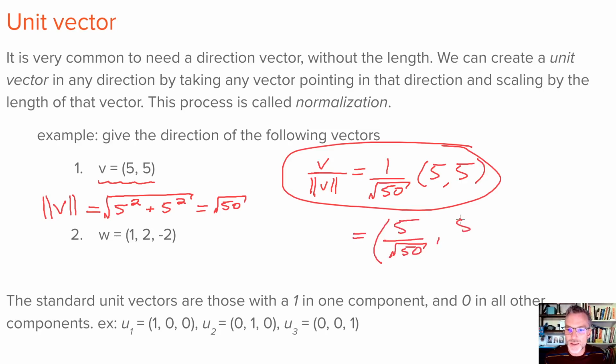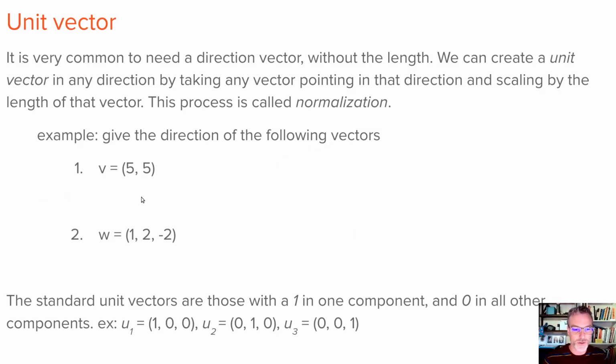I could rewrite it like that. Now you can try on your own finding the length of this vector, and you should get 1 back. So this whole process of taking a vector and then scaling it back so it has a length of 1 is called normalization. And this is useful because it gives us a vector in the direction of v, but of length 1. And we'll see why that might be useful later on.